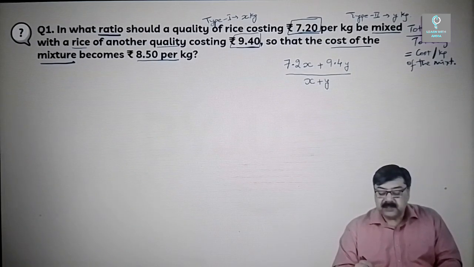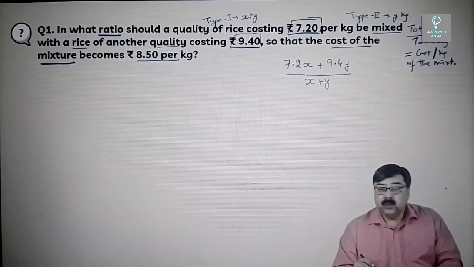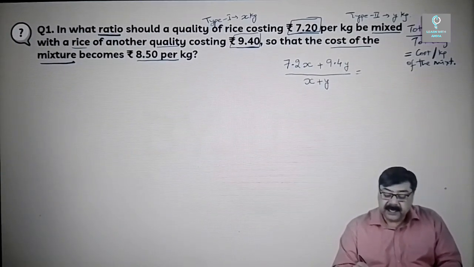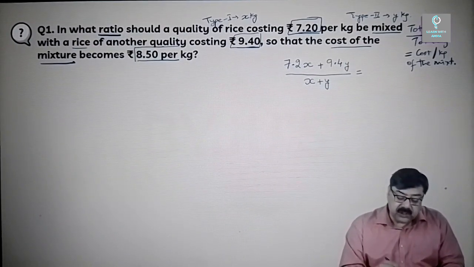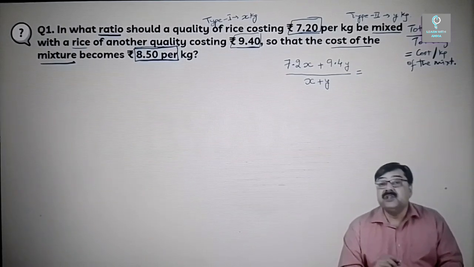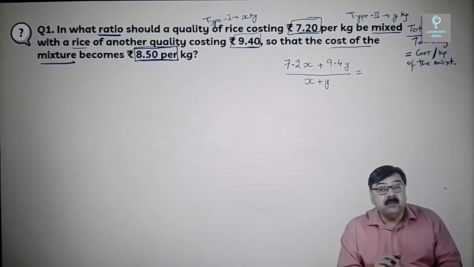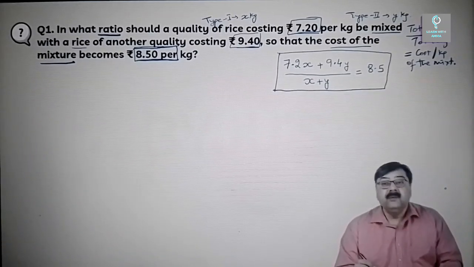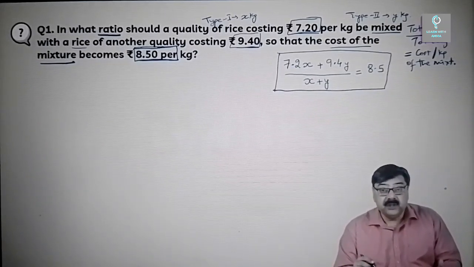So 7.2x plus 9.4y is the total cost, divided by x plus y, which is the total quantity. That shall be equal to the average cost per kg of the mixture, which is already given to us as 8.5.